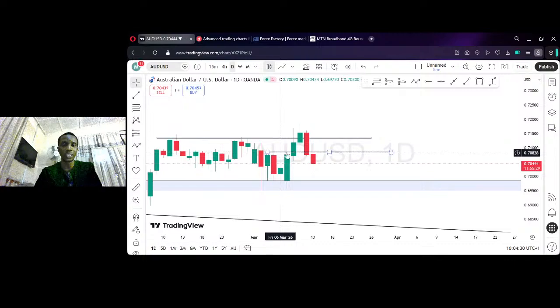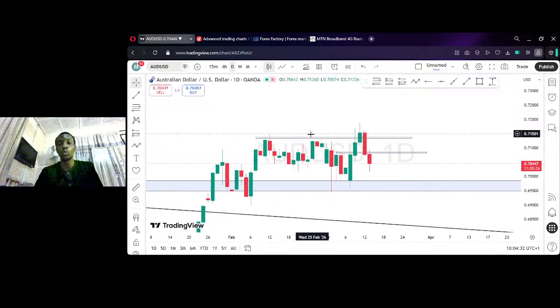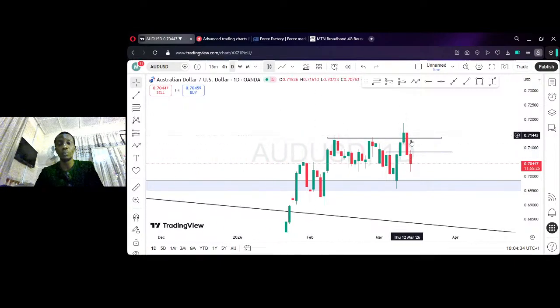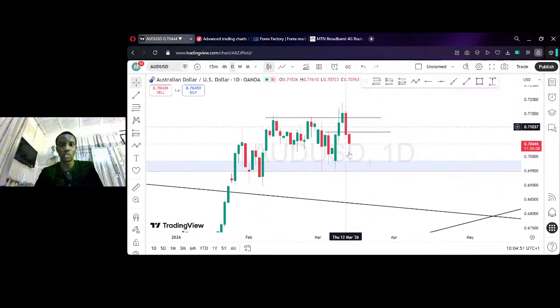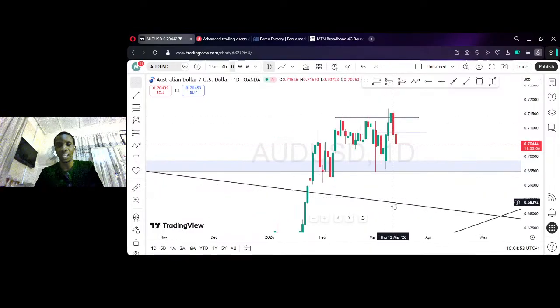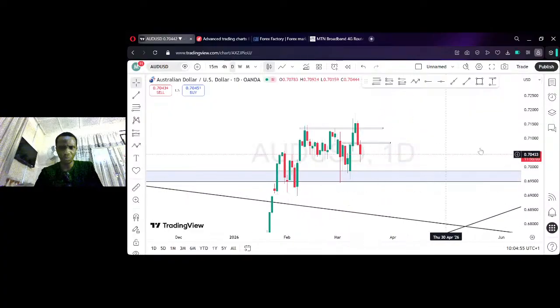This is a concern, and we need to watch out for this level. It shows that for now we should see AUD/USD sell, maybe to retest this trend line right here.